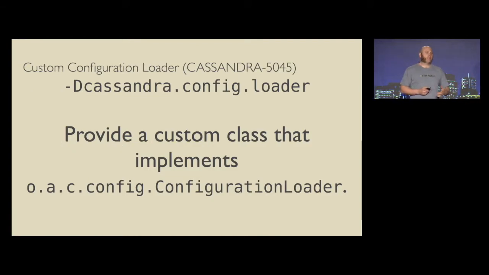There's a couple of extension points now. Cassandra.config.dir allows you to specify the class path for a class that implements this interface, Config.ConfigurationLoader, and that allows you to get into the process of configuring Cassandra. The configuration loader is responsible for reading the YAML file and reconstituting that into an object called Config, which is then validated and put into an internal object called the DatabaseDescriptor, which was where all the configs were read from.